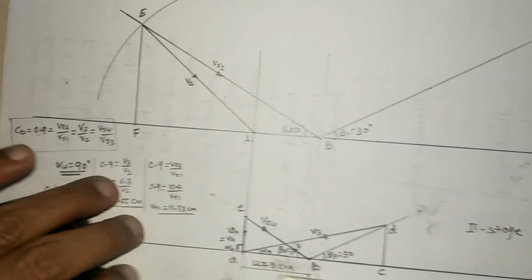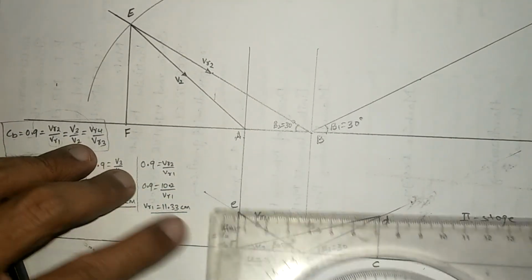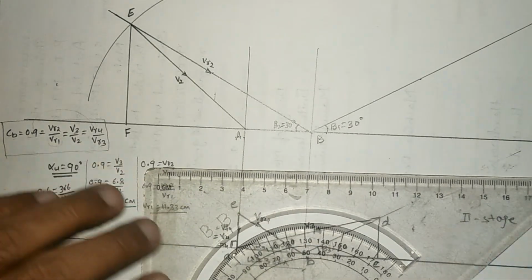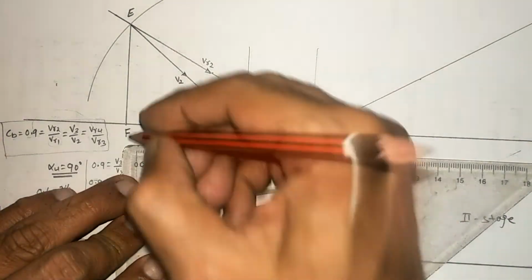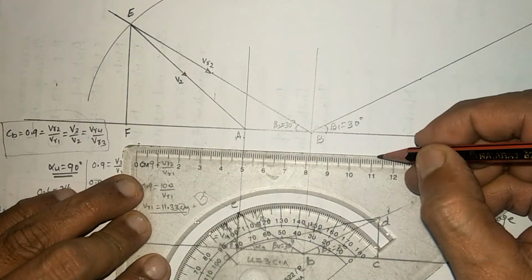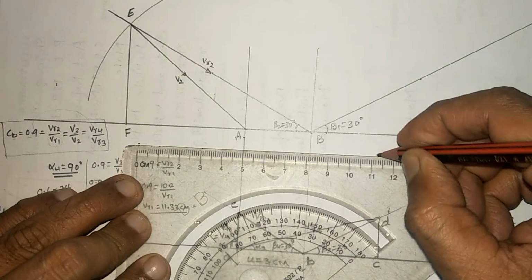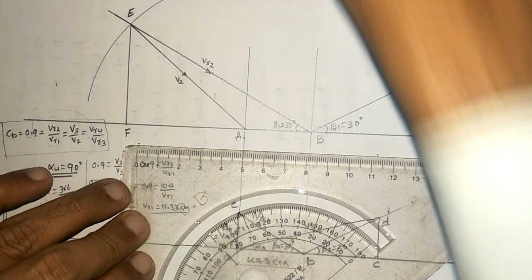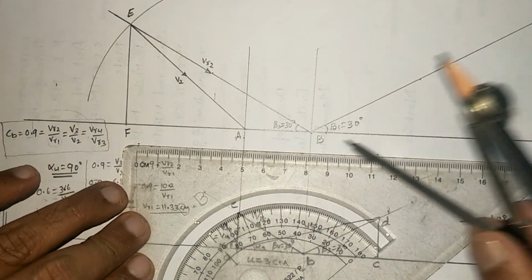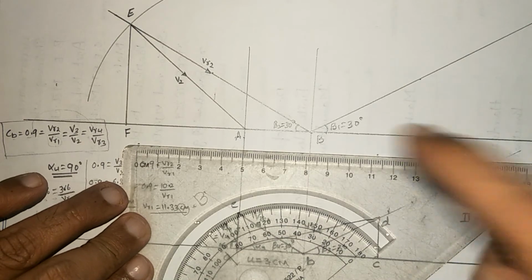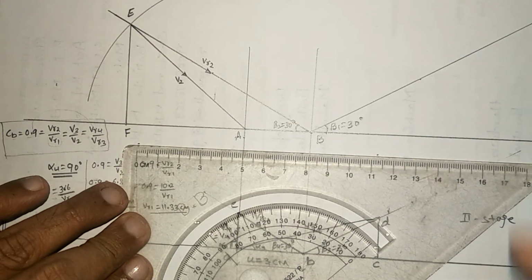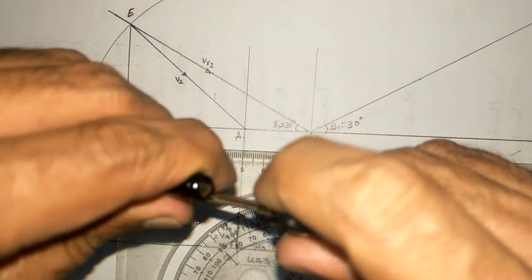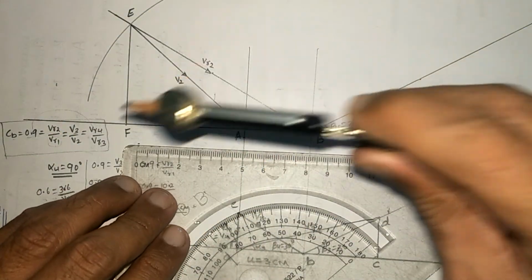Now on the compass I am going to set the length of 11.33 centimeters and draw an arc so that it cuts the beta 1 line.